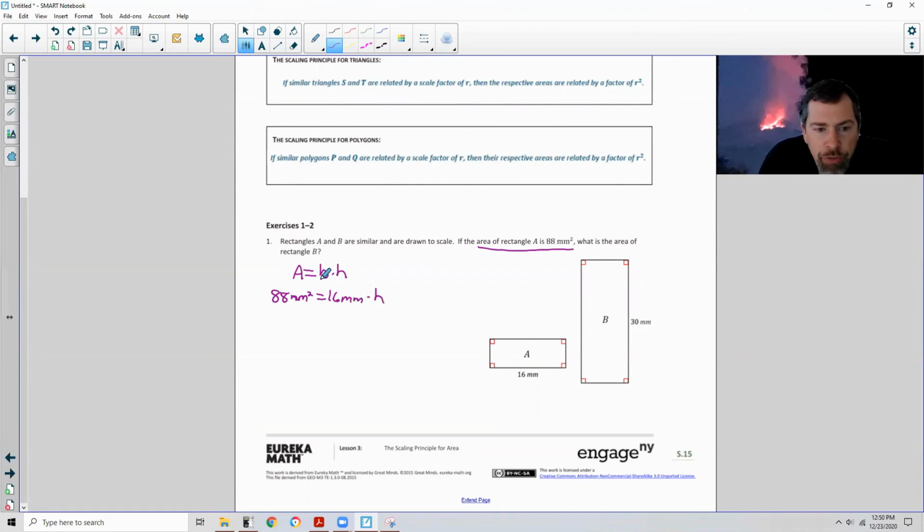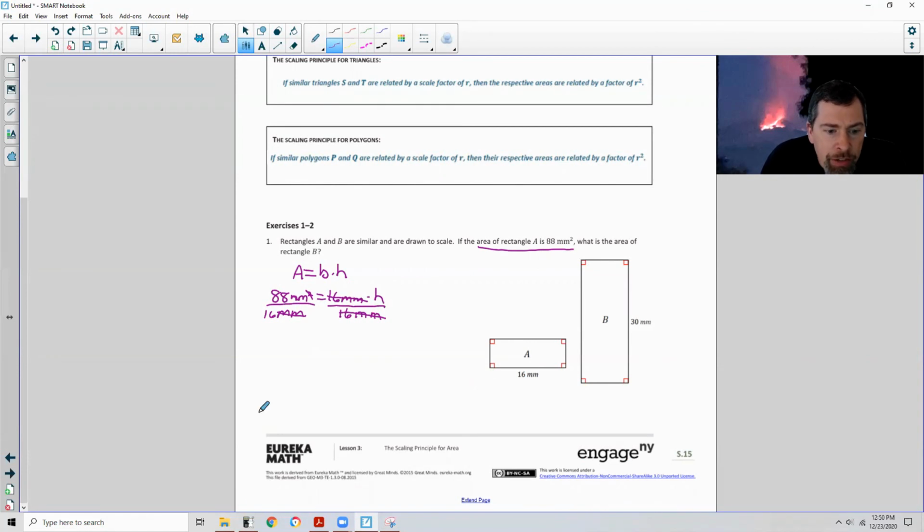So if you write the formula, substitute in the givens, then you just solve for the variable and you're done. So divide both sides by 16 millimeters. The 16 millimeters cancels here. The millimeters cancels one of the millimeters squared, making it just a millimeter.